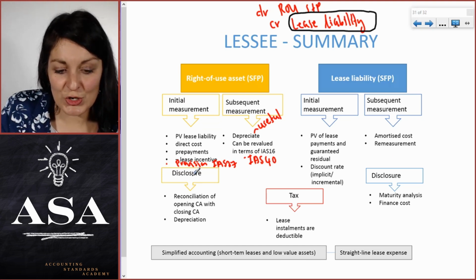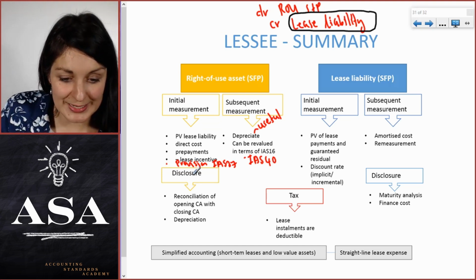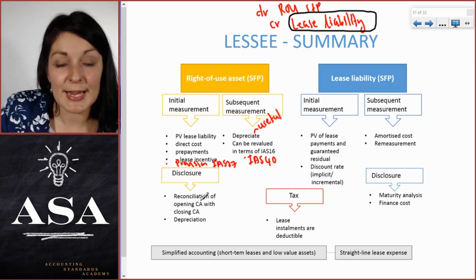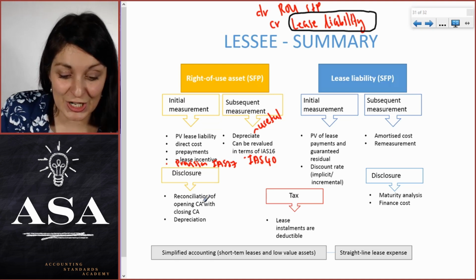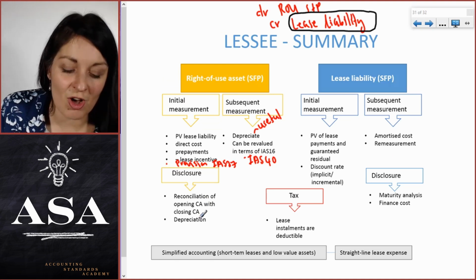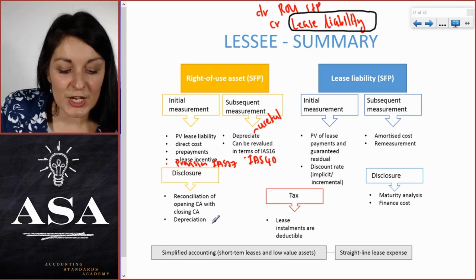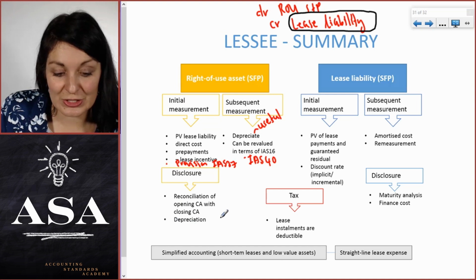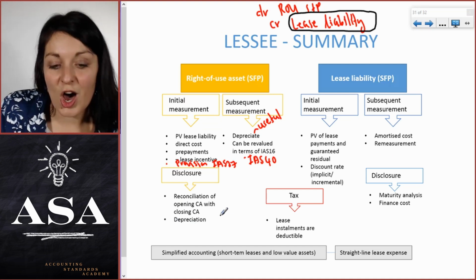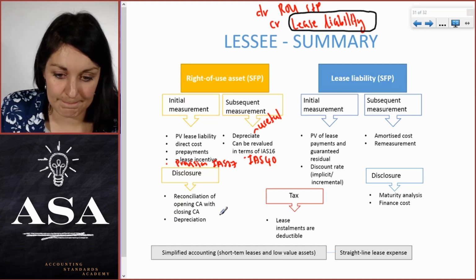Good, and disclosure. What will you disclose for this right of use asset? You will do a reconciliation of the opening and closing carrying amounts of the right of use asset. You also have to separately disclose the depreciation on the right of use asset.